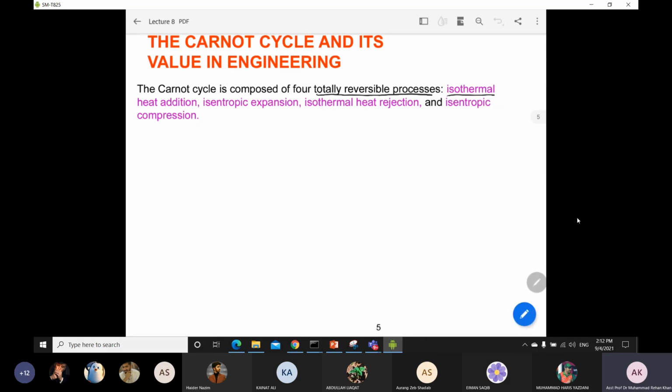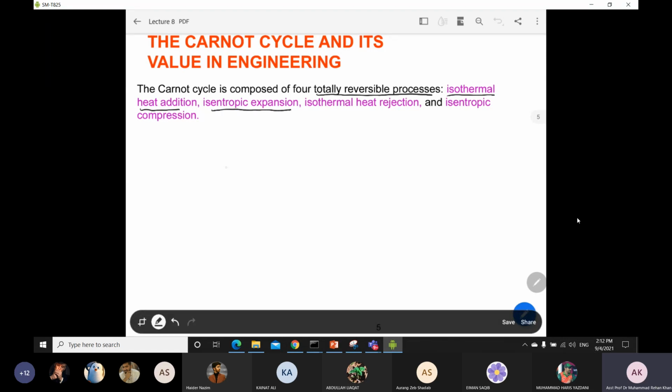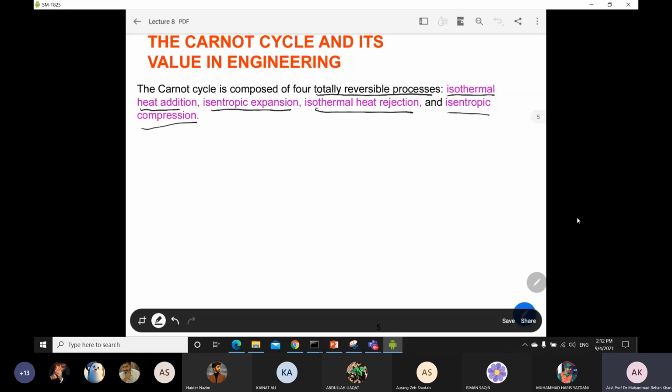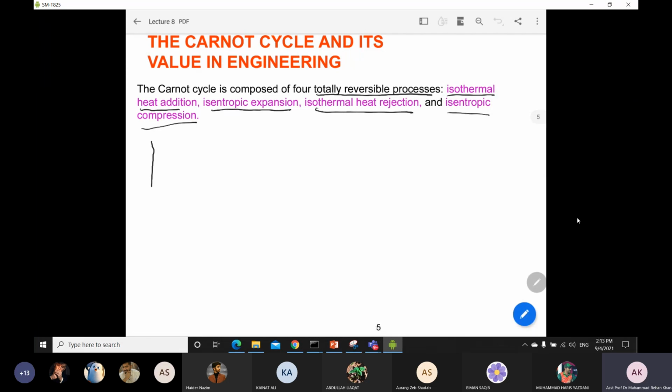It consists of four processes: isothermal heat addition, isentropic expansion, isothermal heat rejection, and isentropic compression. We will draw this Carnot cycle on TS and PV diagrams so that you can get a better understanding. We will start with the PV diagram.